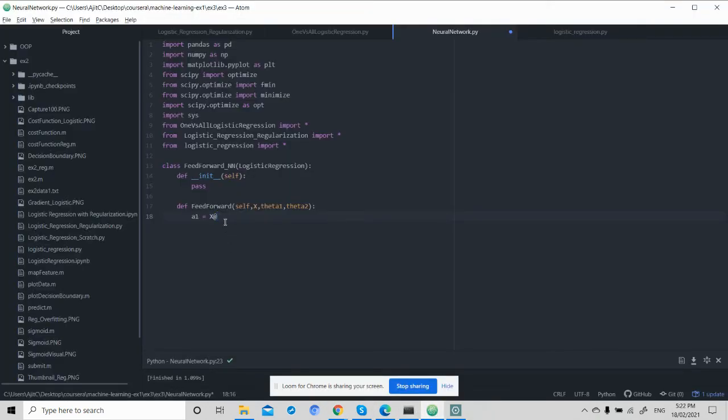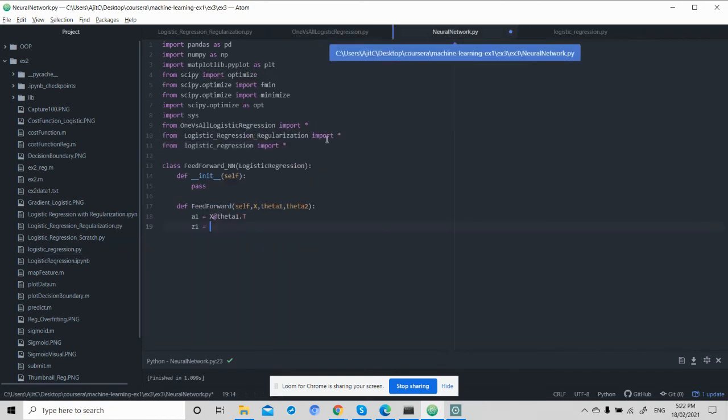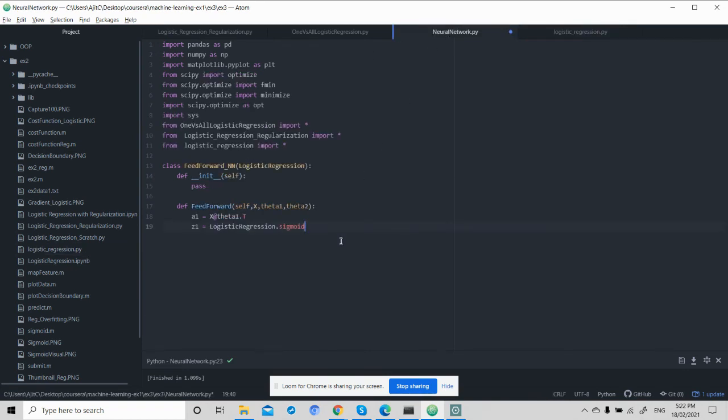So I will do the dot product of theta1. I need to transpose here to match the shape, and then I will calculate my g, which will be the sigmoid of a1.